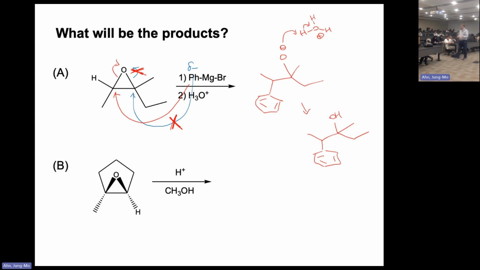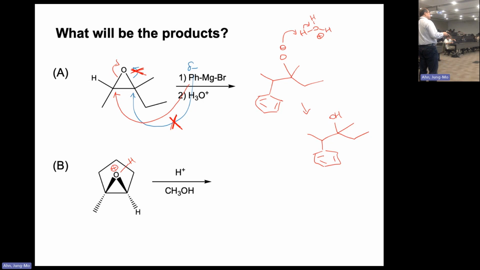But if you do it in acidic condition with a very weak nucleophile, like alcohol or water, then the alcohol will not be able to attack this directly because it doesn't have nucleophilicity strong enough to make it happen. Water doesn't either. So nothing's happening until this oxygen gets protonated.